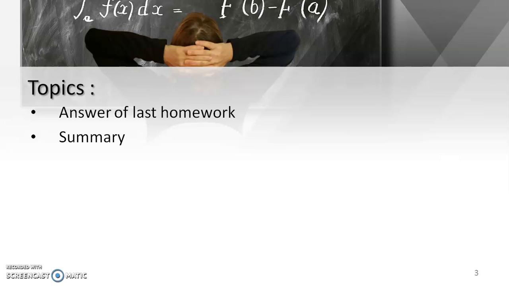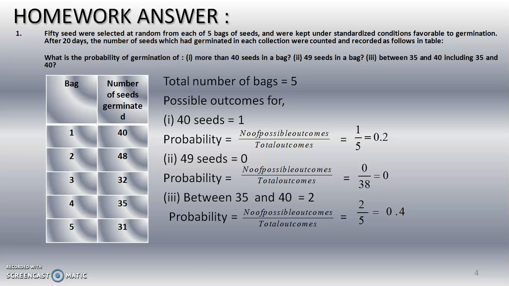Today's topics are the answer of the last homework, which I gave in the last session, and second one is the summary of this chapter. So, don't waste the time, go to the answer. The question is: 50 seeds were selected at random from each of 5 bags of seeds. Total bags are 5, means total outcomes 5, and they were kept under standardized conditions favorable to germination.